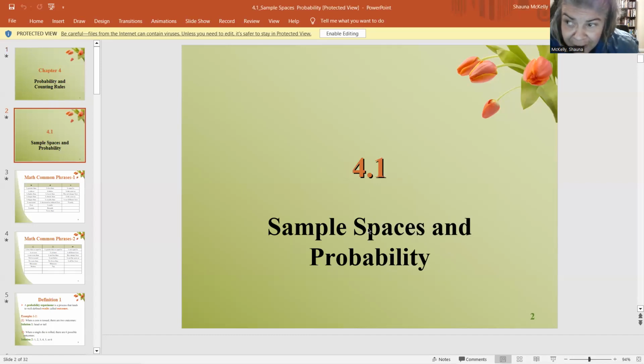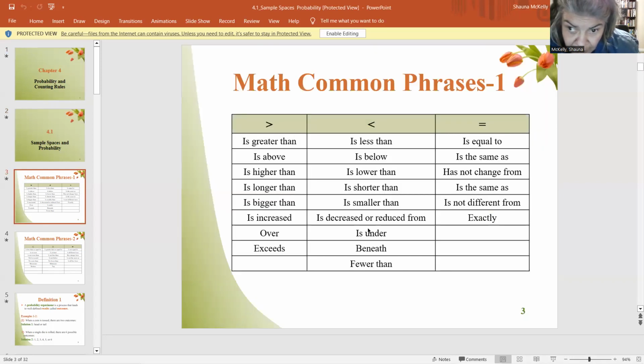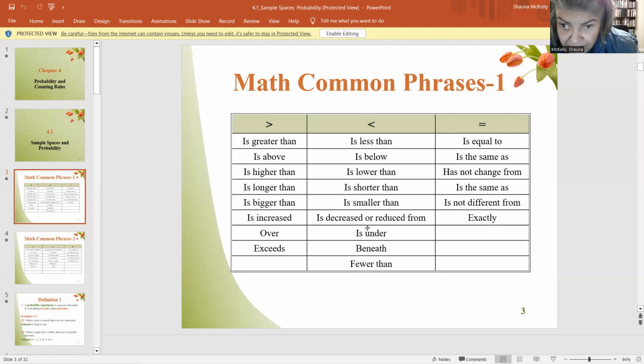We'll have more to say about what sample spaces are shortly. This chart shows up in chapter 4 and stays here throughout the rest of the chapter. This gets very important in chapter 6 and on, but particularly in chapter 8. So this is here as a reference for you.